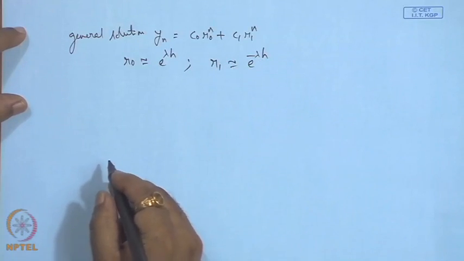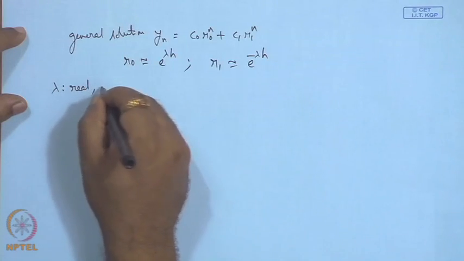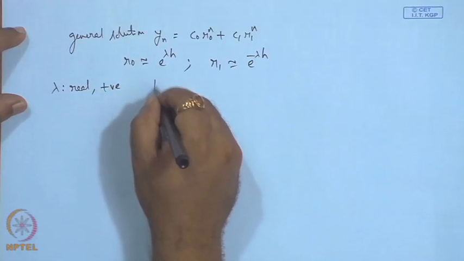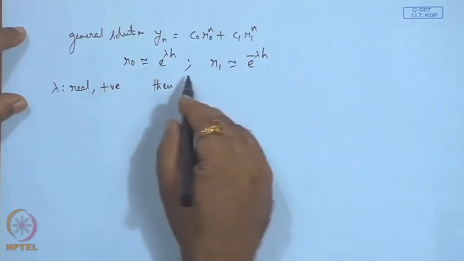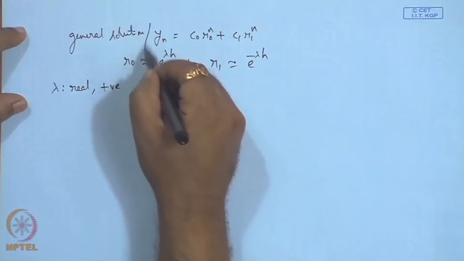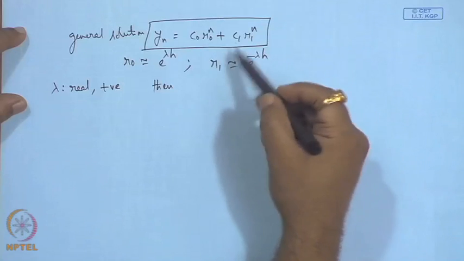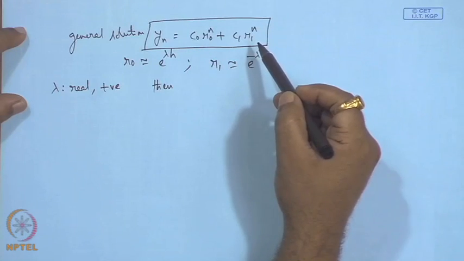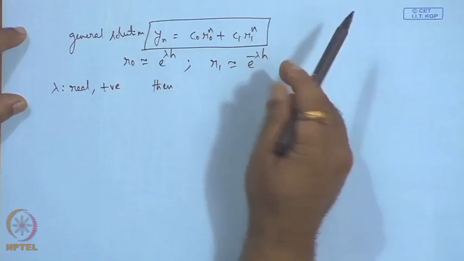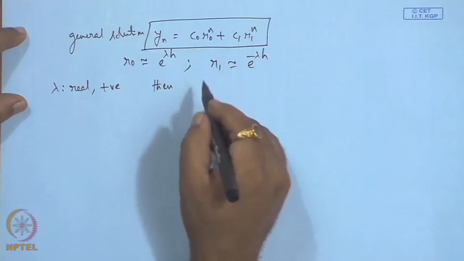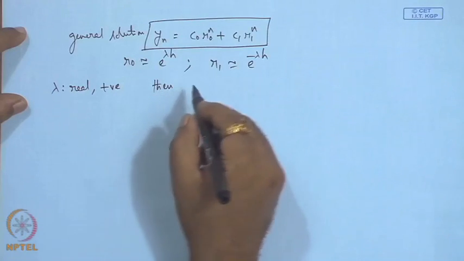Okay. So, now let us take lambda real positive. Then what happens? Lambda real positive. So, we need to compare, because the general solution is this. So, now we need to identify which one is dominating, and really the solution of the difference equation gives stable solutions, right. So, then what happens if lambda is real and positive?